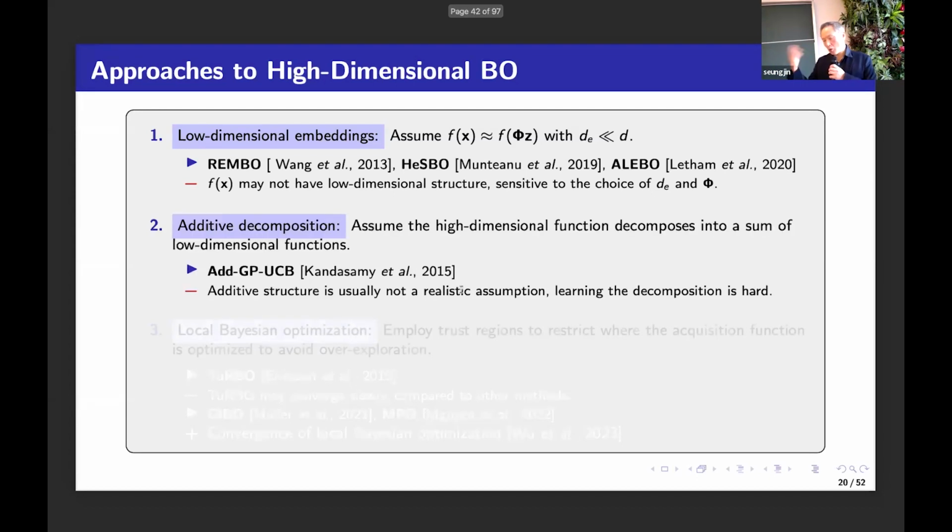Also, there are additive decomposition techniques available for the GP. You have many input variables, and you use additive models, where each module is described by a GP.